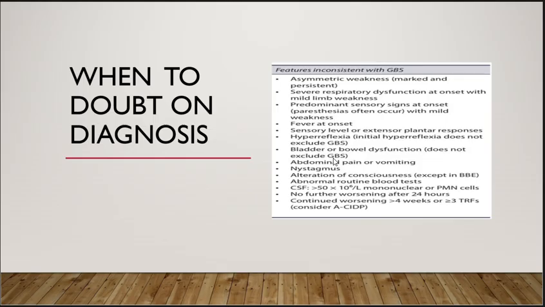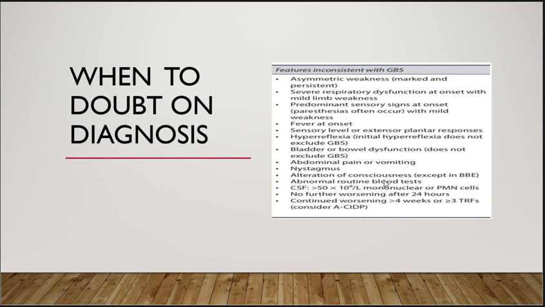Where the patient presents with abdominal pain and vomiting, we can doubt the diagnosis, as well as with nystagmus or altered consciousness, though this can be seen in the Bickerstaff variant of encephalopathy. Abnormal routine blood investigations, or CSF with more than 50 mononuclear cells, means it is definitely not GBS.